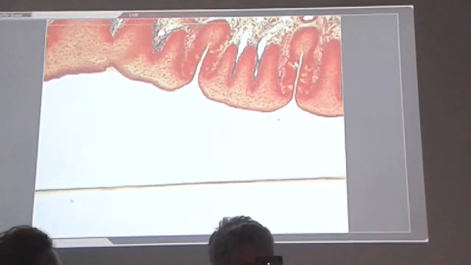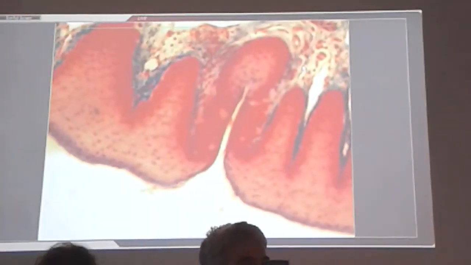Let me have a larger magnification, with some light adjustment. Here are the taste buds.